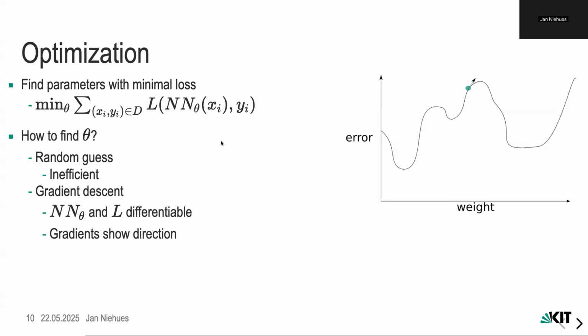When you're at the green point, there is a gradient showing in this direction because the function goes up here. So you go in the other direction, and then you're ending up here. Hopefully that goes faster than just putting random points here, trying them, and then taking the minimum one. For one dimension that might even somehow work, but if you go multidimensional, it doesn't work.